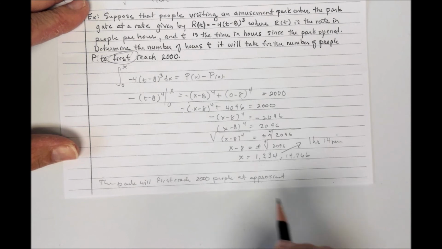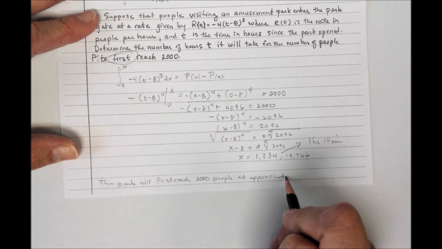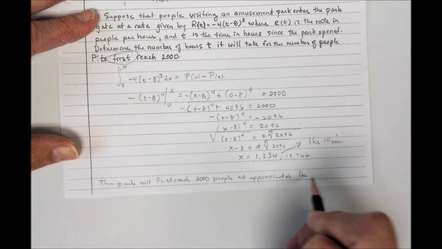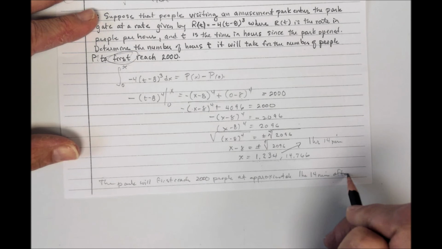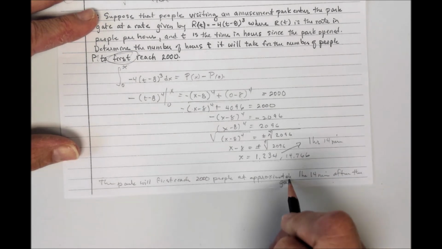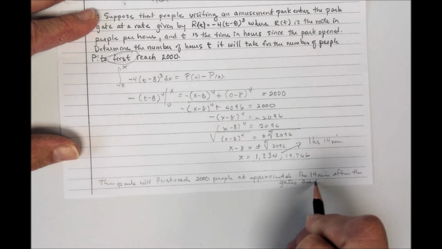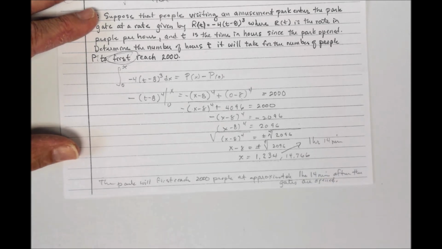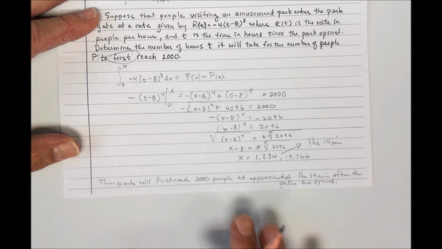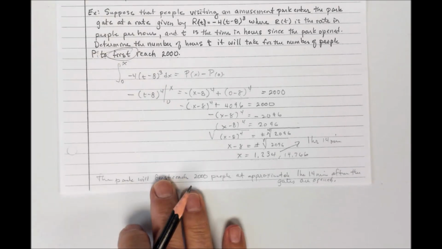It does not say when it opens. At approximately 1 hour 14 minutes after the gates are open. So if it opens, let's say it opens at 8 o'clock in the morning, then it would be 9:14. If it opened at 9 o'clock, it would be 10:14, and so on. And we've answered that problem.